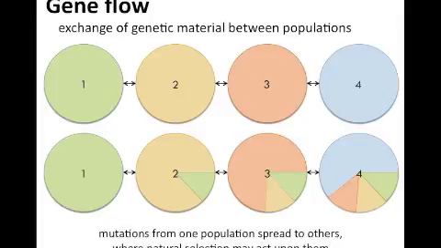But we know that there's always going to be the mixing or the sharing of genes, reproduction across these boundaries. So individuals at the edges of group 1 are likely to reproduce with individuals at the edge of group 2, and individuals at the edge of group 2 over here will reproduce with individuals at the edge of group 3. This allows genes from group 1 to move into group 2, and then because group 2 breeds with group 3, those same genes move into group 3, and they move into group 4.